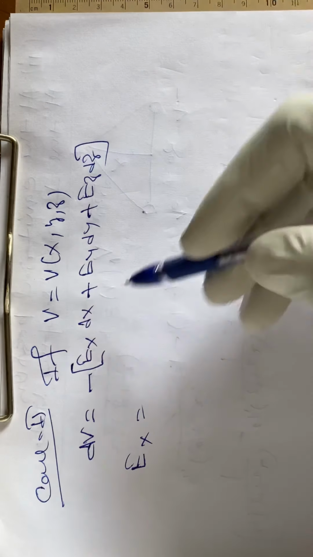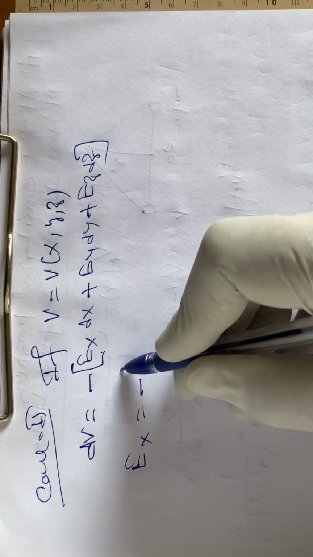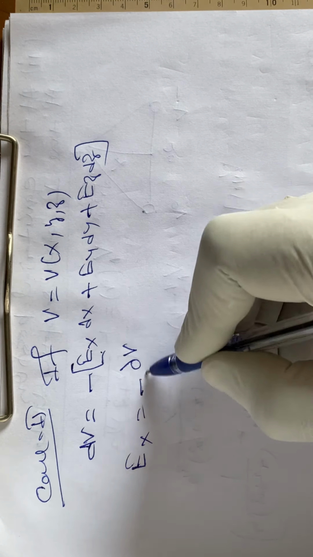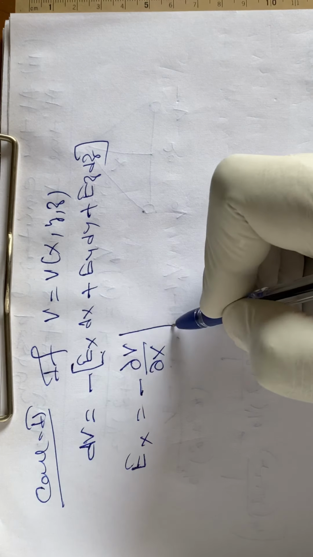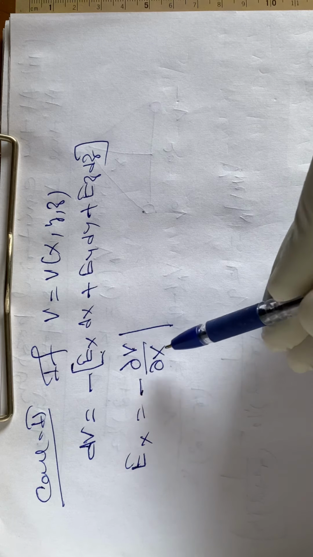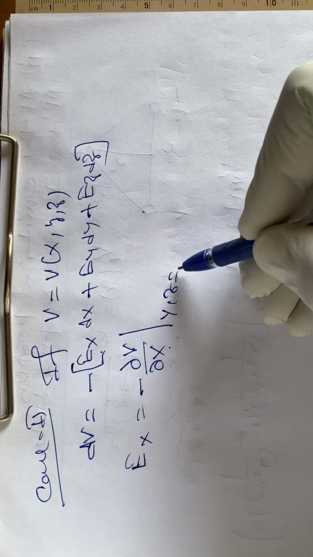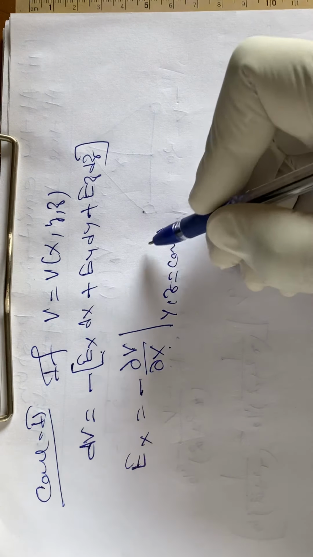If all three are given, then how can we write Ex? We have to do the partial derivative, that is del V over del x. This symbol del is used for the partial derivative. And what does the partial derivative mean? It's simply differentiating V with respect to x, keeping y and z as constant.